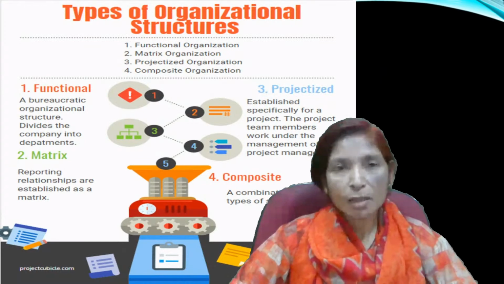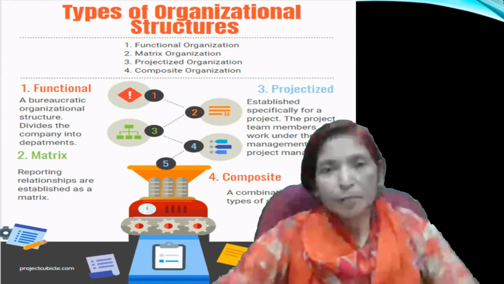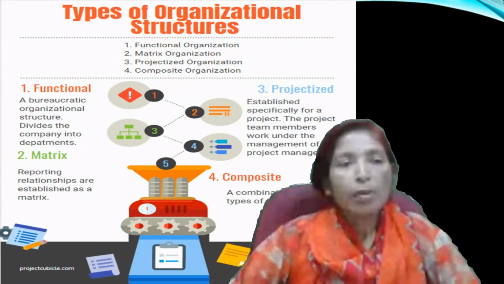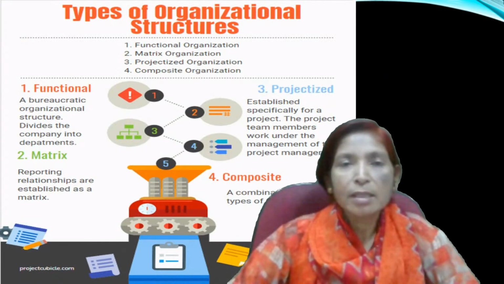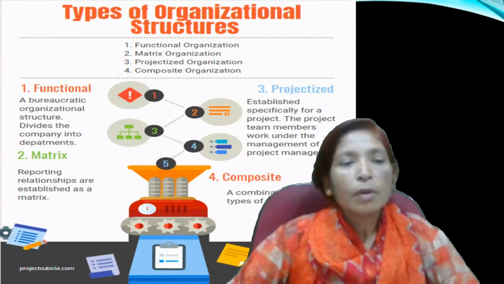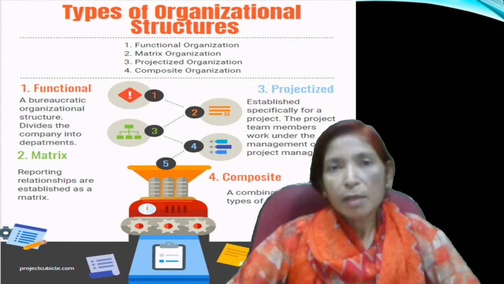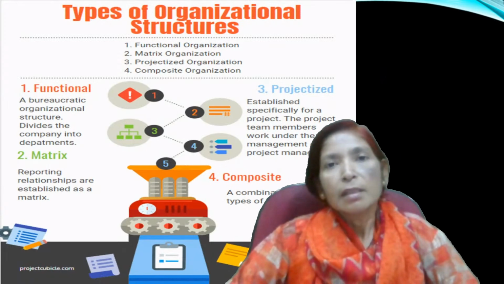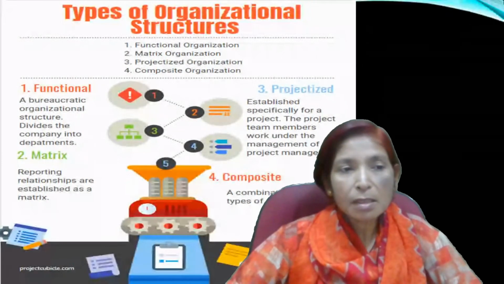So first is functional organizational structure. This is known as the bureaucratic organizational structure. It divides the company into departments like purchase department, sales department, finance department, and different types of departments which work in business enterprises.